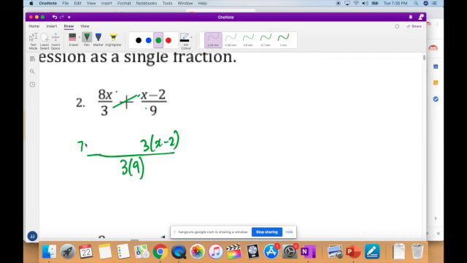72x, and then I'm adding it, right? Right, so that will give me what? 72x plus 3x minus 6, all divided by 9 3s, which are 27.